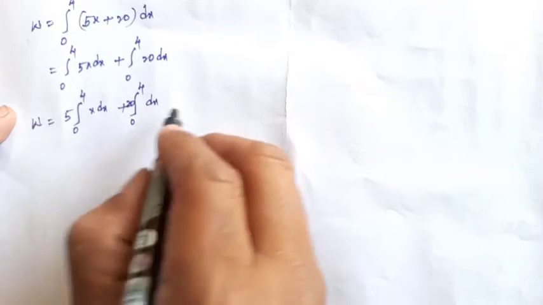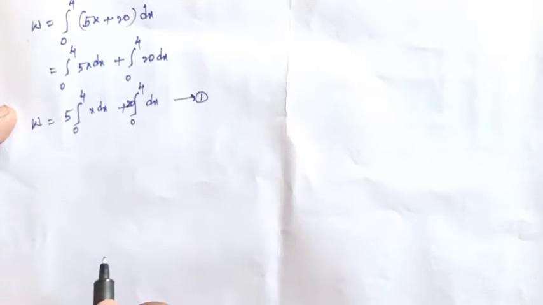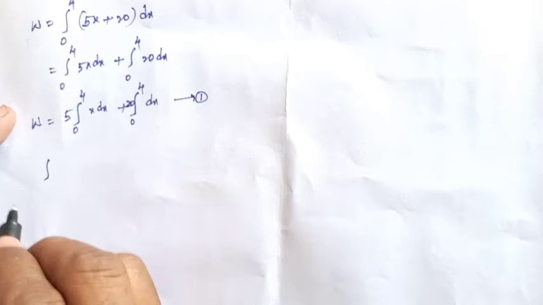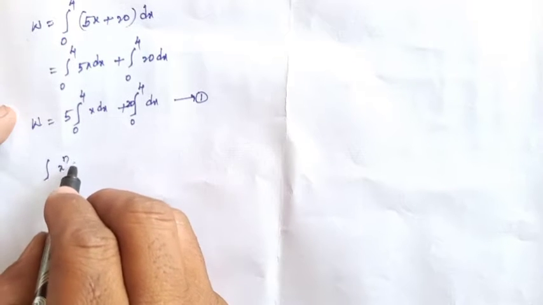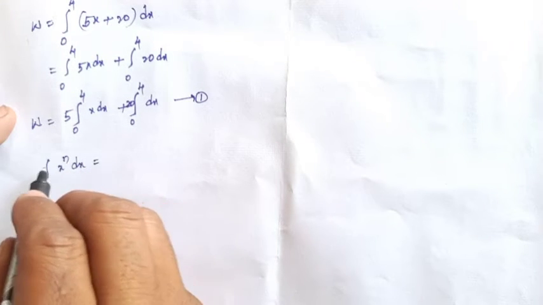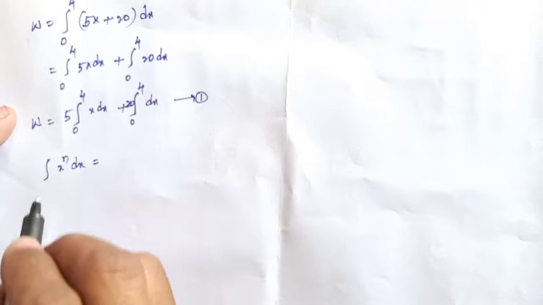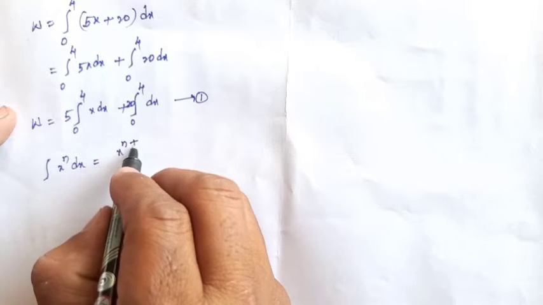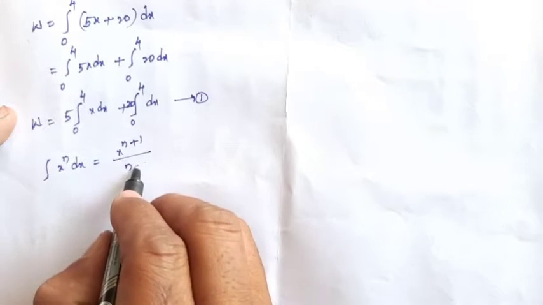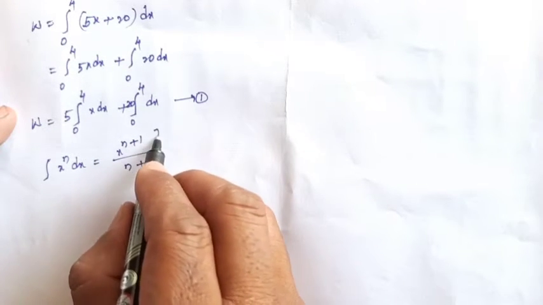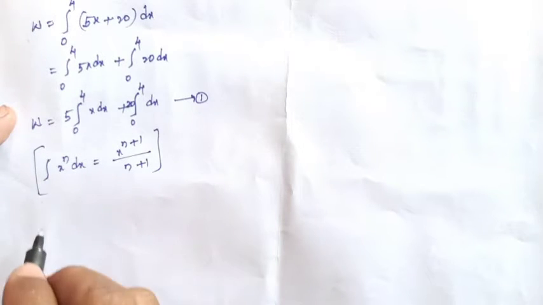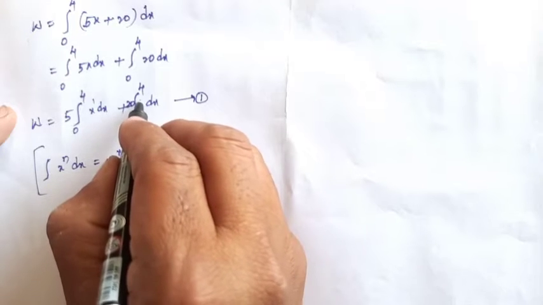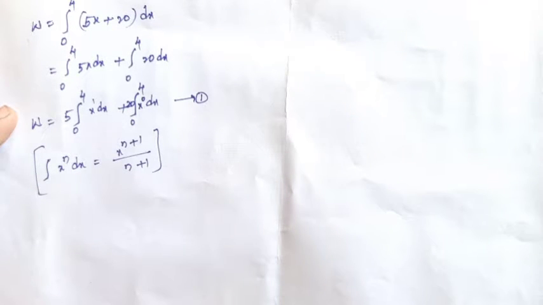This is equation number 1. Normally, the formula is integration of x power n dx equals x power n plus 1 by n plus 1. So here we have x power 1, and here x power 0, since x power 0 equals 1.